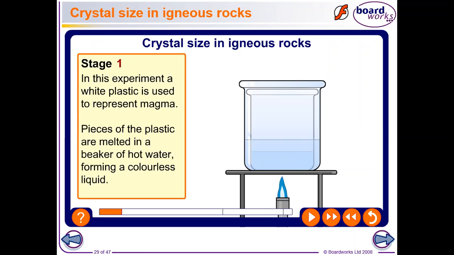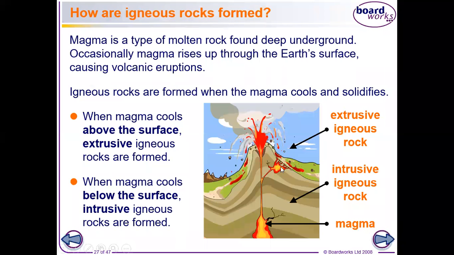Fast cooling causes the crystals to be so small because they didn't take enough time to form.